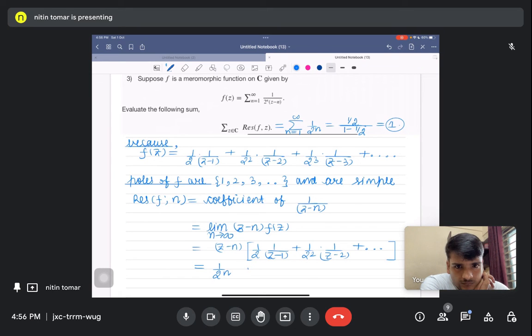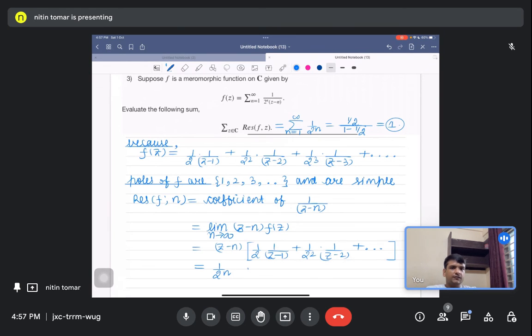Using this, we can find term by term residues for this infinite series: 1 by 2, plus 1 by 2 square, plus 1 by 2 cube, etc. We sum it and get the final answer as 1. That seems correct logically, but you have to be sure about the convergence.